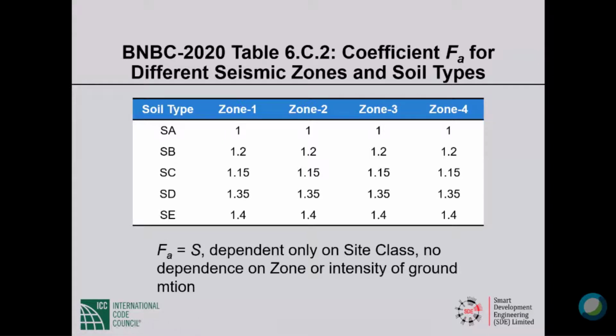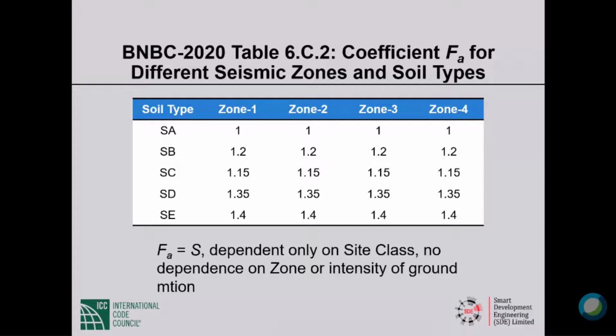So F sub A, the short period site coefficient that you see in Appendix C, is also equal to S, the soil factor in the main body of BNBC. They are identically the same. They are dependent only on the site class.